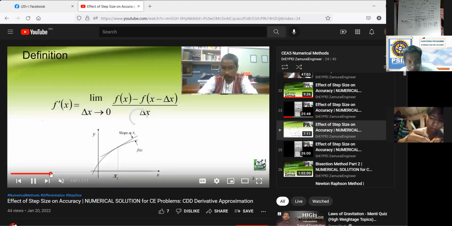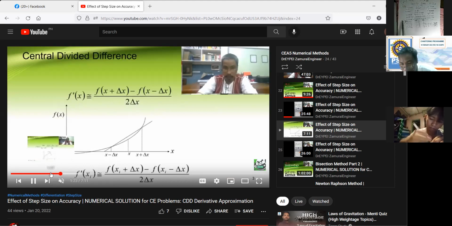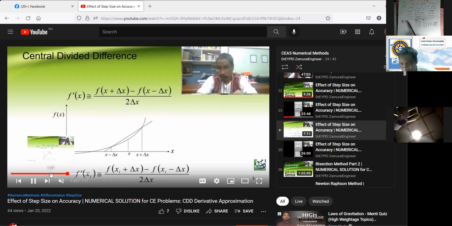So what is my error in the previous example? I was already computing the absolute relative approximate error, but I thought I was computing the approximate error. Approximate error is the difference between the current and previous approximation. So my formula is for the absolute relative approximate error, not for the approximate error.